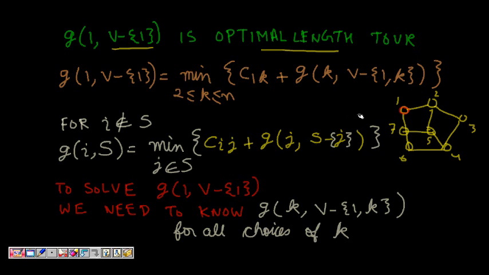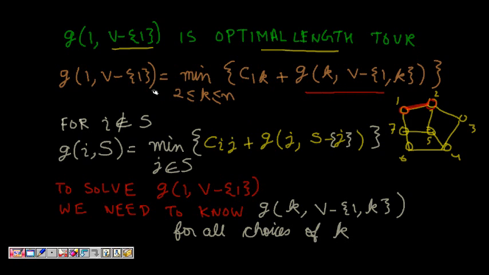Say the optimal tour goes from 1 to 2. Then this is fixed, and it goes from 1 to 2, and then it follows a path which consists of all nodes in the graph except 1 and 2. So it consists of 3, 4, 5, 6 and 7, and then it goes back to 1. So this is the meaning.